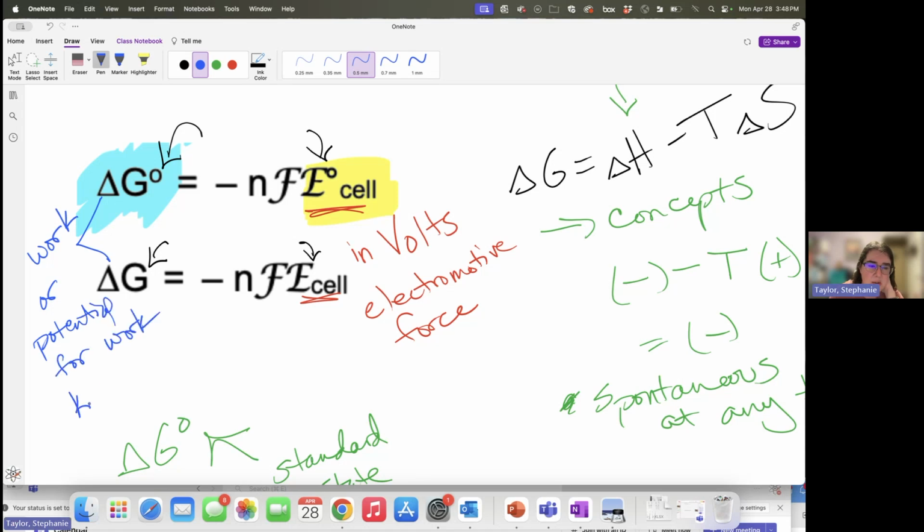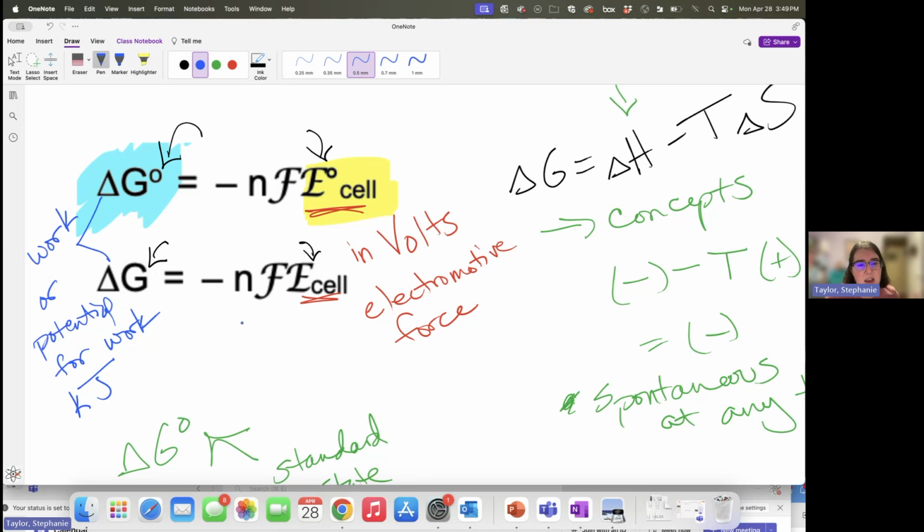And we're usually in kilojoules on this side. So you could kind of have an idea that how much force the electrons have when they go through the wire is related to how much work I can get out of that force, but they're not exactly the same thing, which is why we have these constants to relate them together.